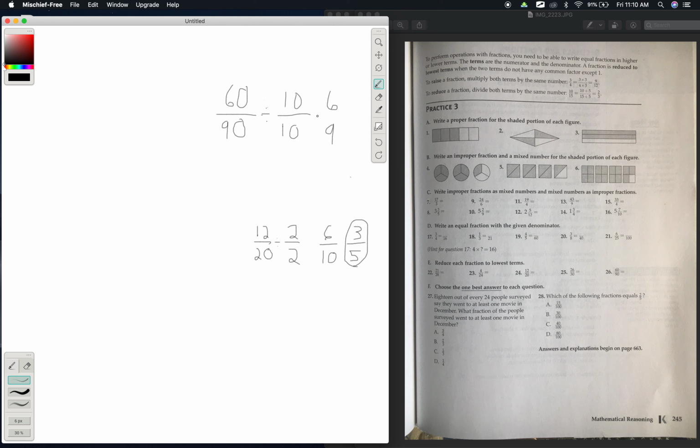Okay, let's keep reducing. Is there a number that can go into 6 and 9? Yes, 3 does. So 3 goes into 6 2 times. Then 3 goes into 9 3 times. So we reduced it to even less. 2/3, okay? So 2/3 would be your answer as far as reducing it to the lowest terms.